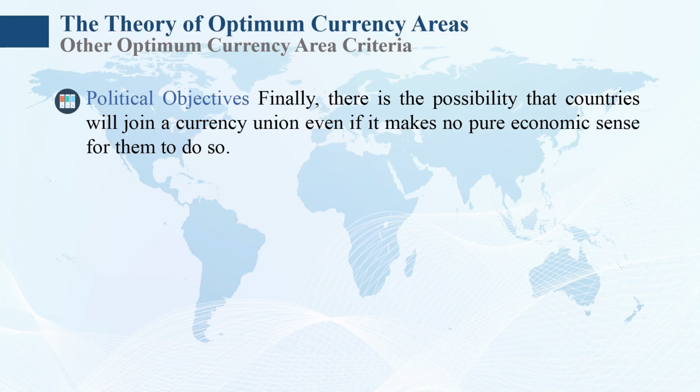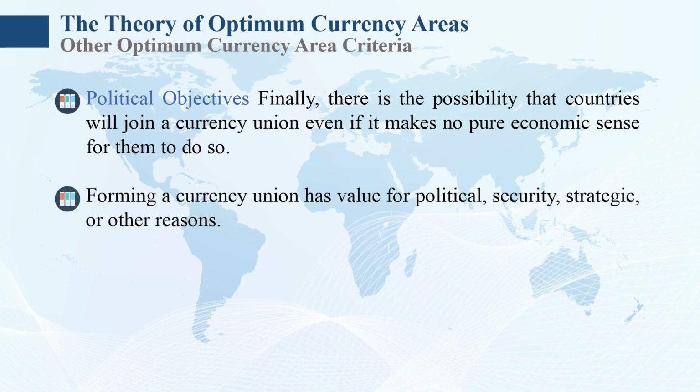How? Suppose a state is in a situation in which forming a currency union has value for political security or other reasons. In recent times, eastward expansions of the EU came with an assumption that, in the end, accession to the Union will culminate in monetary union.